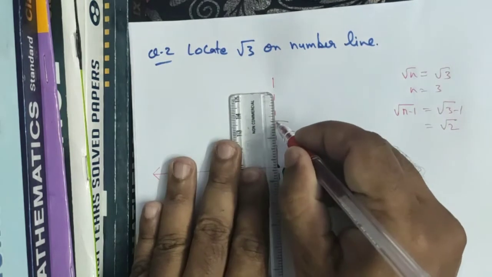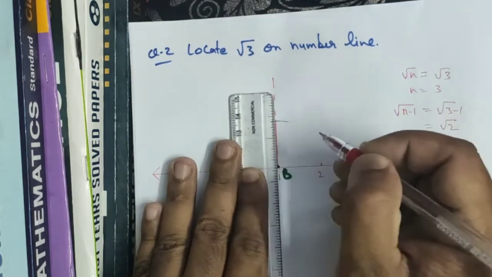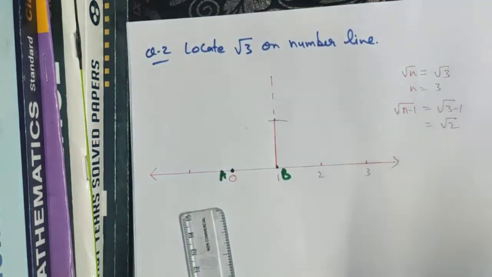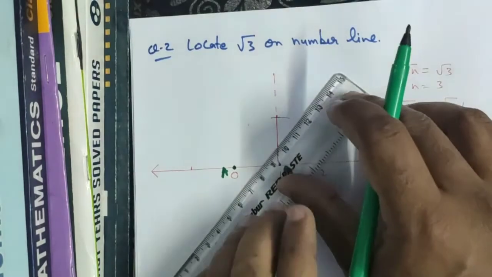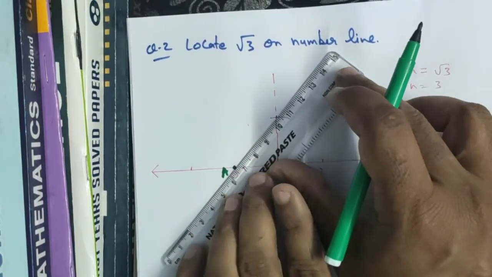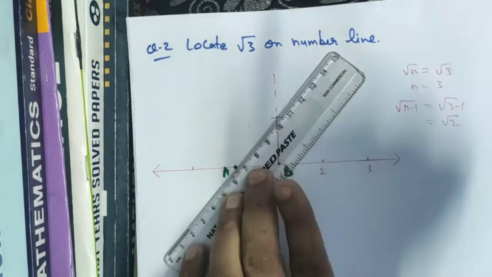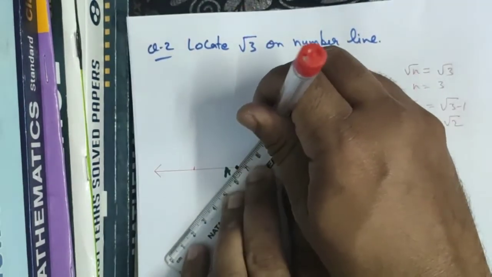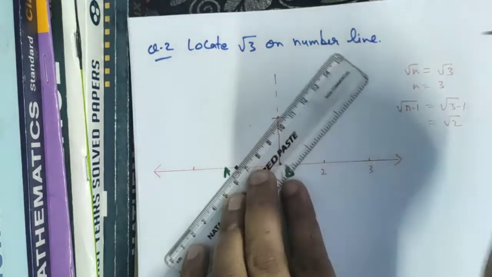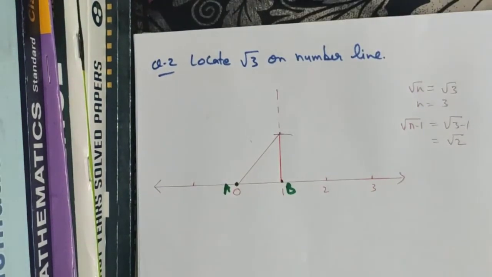We'll get the point C. This point we have got as C. Now again we will join this AC. AC is joined. This AC will be root 2.